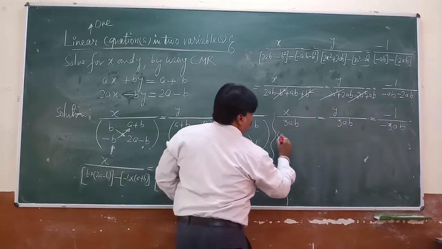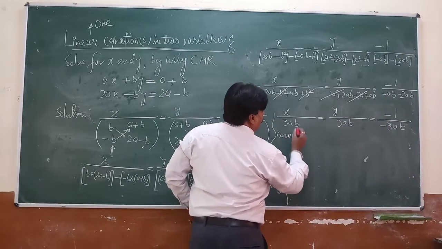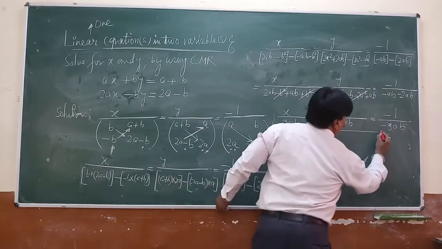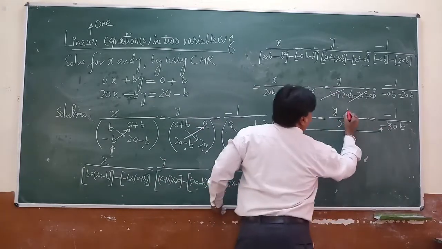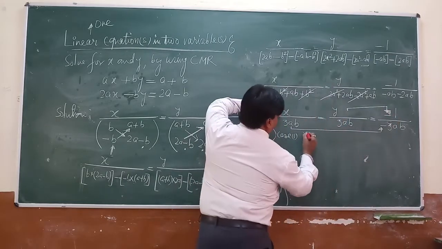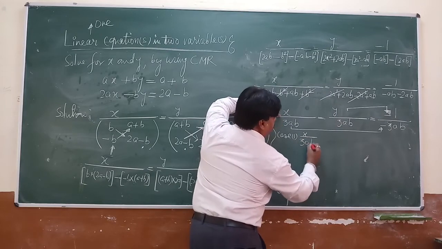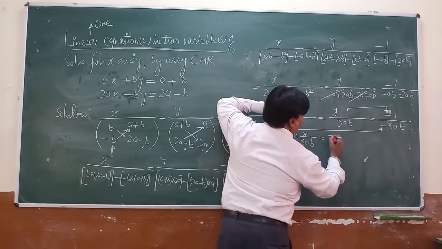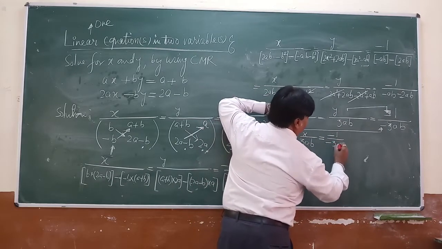Now, same rule, compare this x term with the constant, this one. In the second case, we will compare with this one. So this is x over 3ab is equal to minus 1 over minus 3ab.